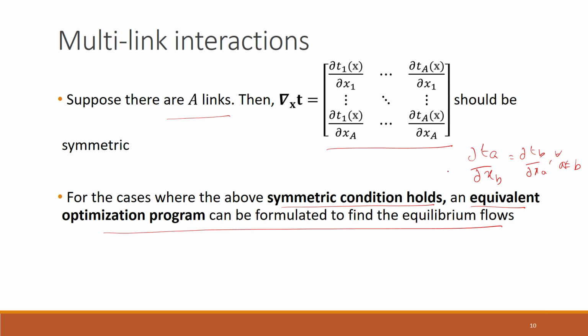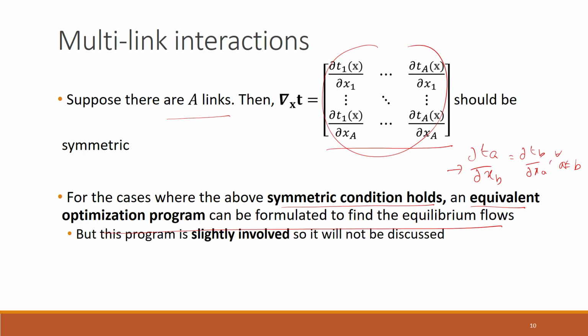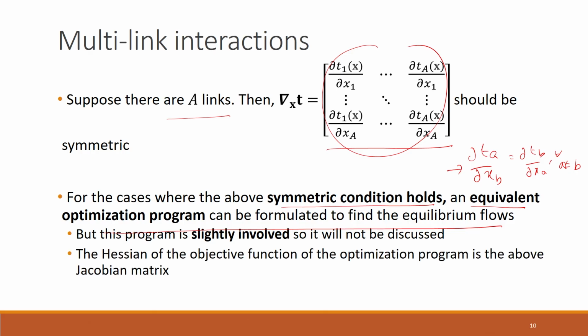This condition is equivalent to saying that this matrix is symmetric. So under this case, we can formulate these multi-link interactions as an equivalent optimization formulation. We are not discussing that optimization formulation here because that is slightly involved, but one important aspect that we discuss here is that the Hessian of the objective function in that optimization problem is actually the above Jacobian matrix.